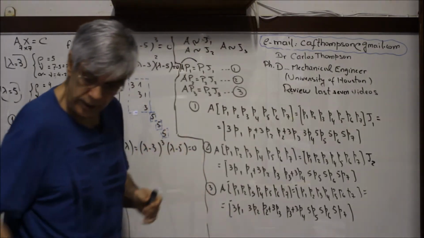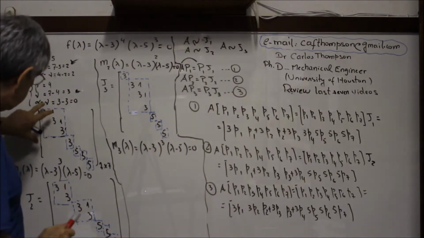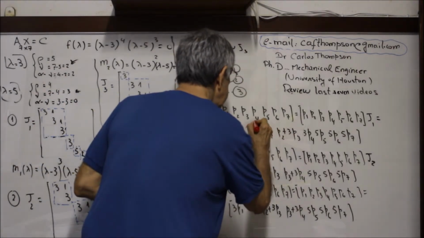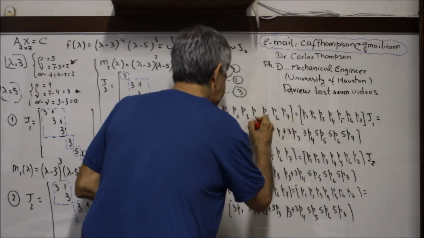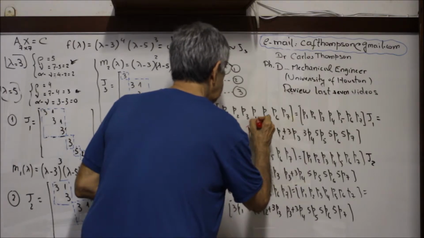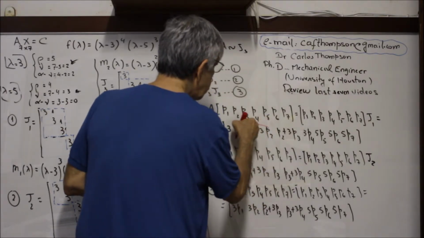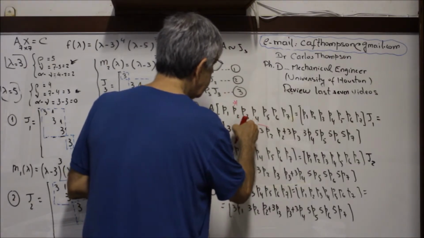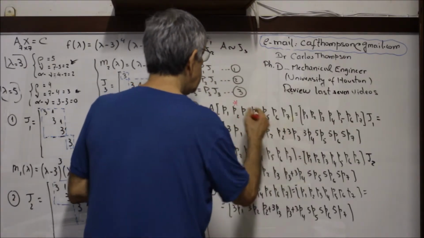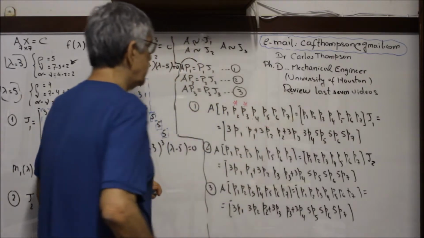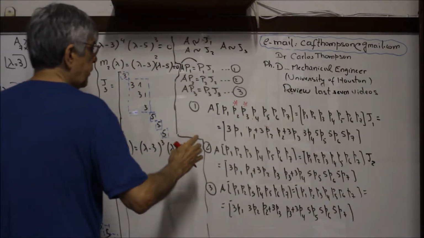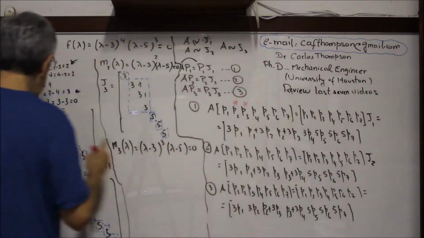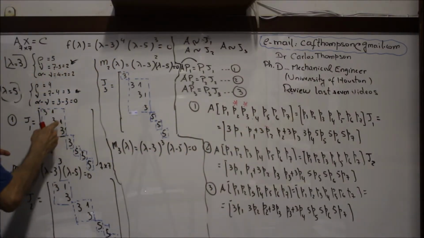Now we can see from these blocks here that this here is P2 asterisk, and from here we have P3 asterisk, which indicates that this is an eigenvector, 1 here and 1 here.